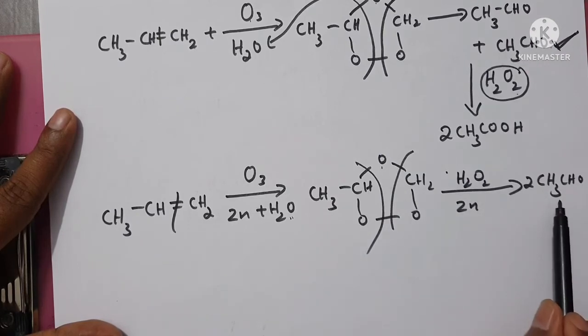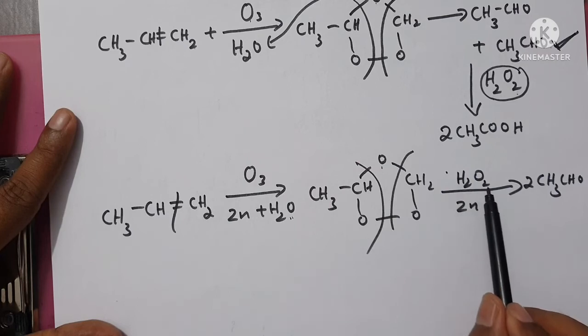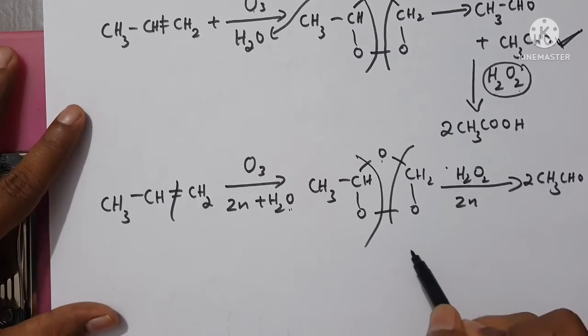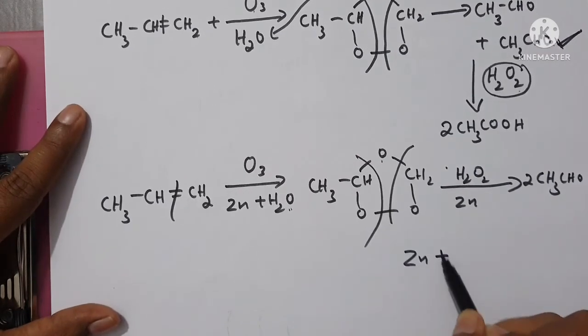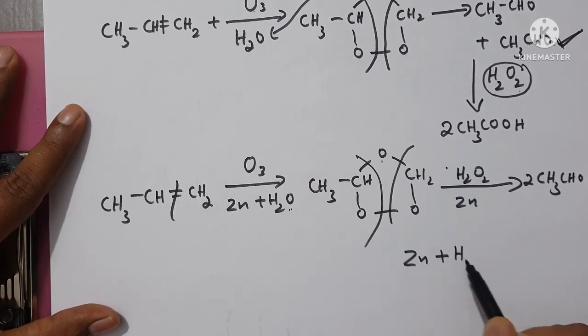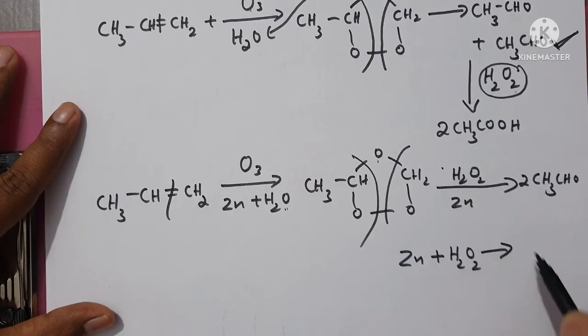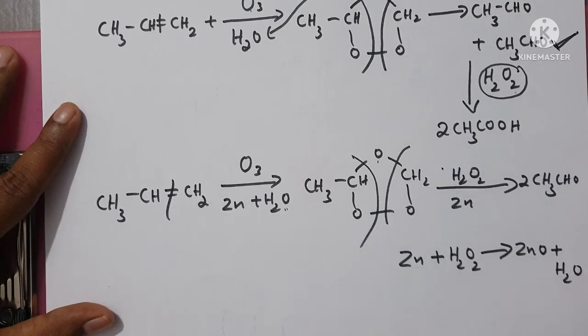This aldehyde further cannot be oxidized by hydrogen peroxide. Why? Because the zinc reacts with hydrogen peroxide to give zinc oxide and water, where it acts as a reducing agent, trying to remove an oxygen.